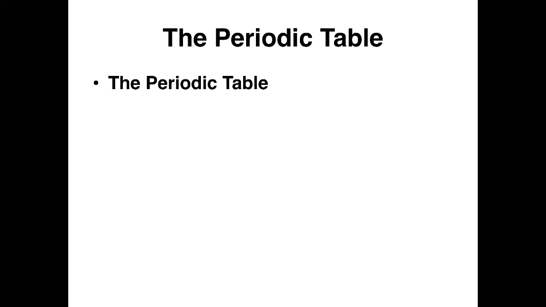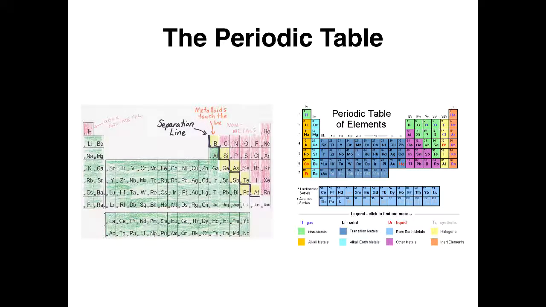Now here is a more sophisticated looking periodic table. And here are the groups I was talking about. Here's the 1A group, which is the alkali metals. Notice I said it had a 1A at the top. The 2A group, which is the alkaline earth metals. All of these alkali metals have one electron in their valence shell.